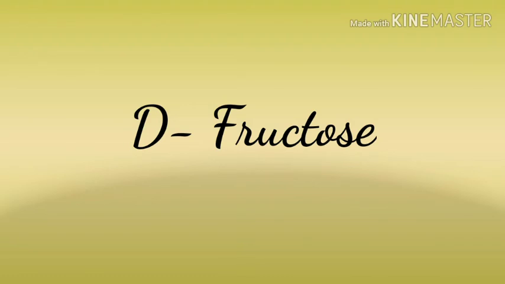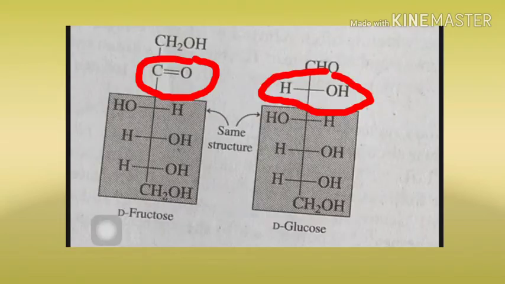Fructose is used as a dietary sugar. The structures of glucose and fructose are nearly identical. The difference is that fructose has a ketone group, while glucose has an aldehyde group.